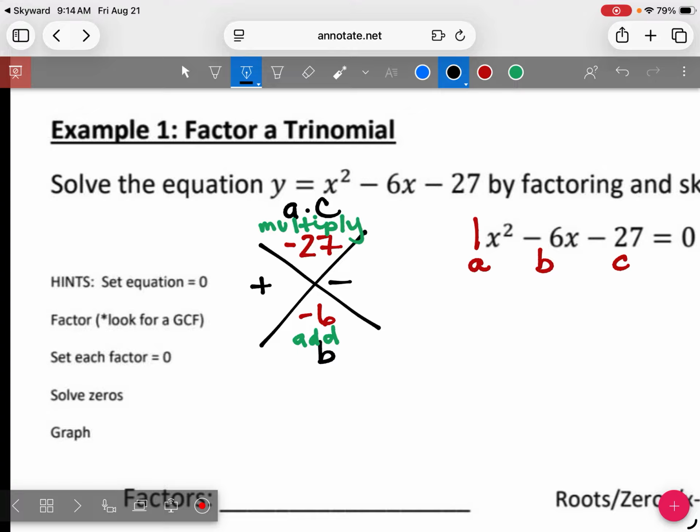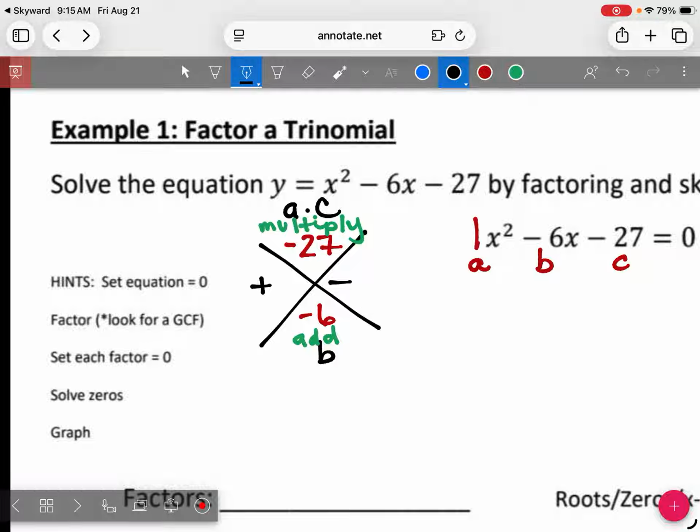Think of your two numbers. They have to multiply to give you -27 and add to -6. They have to match both of those rules. One number is positive, one number is negative.